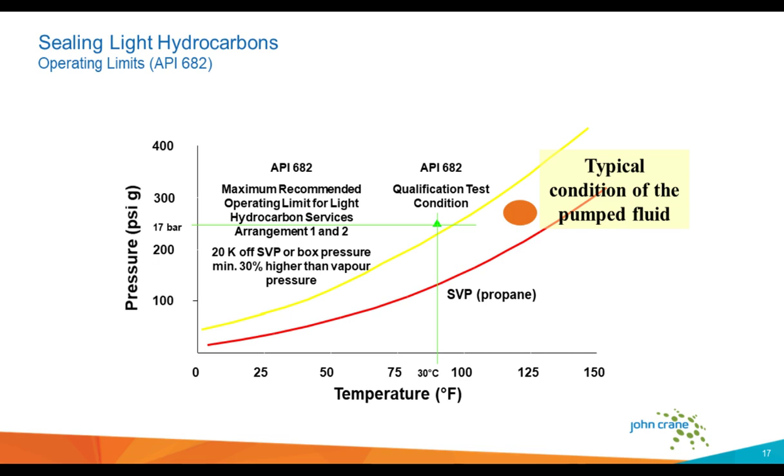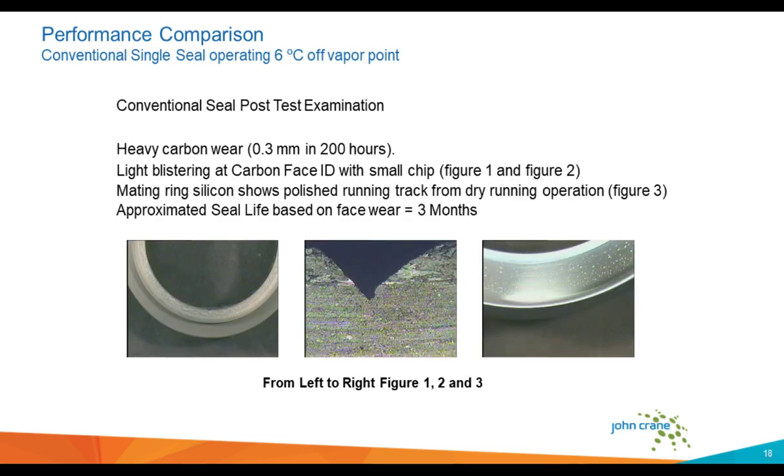The qualification test for API 682 was 17 bar at 30 degrees C. However, in our test, we have gone to a higher pressure and closer to or less than 30% margin for the seal vapor pressure. After 200 hours, we tested the seal and looked at the post-seal examination.